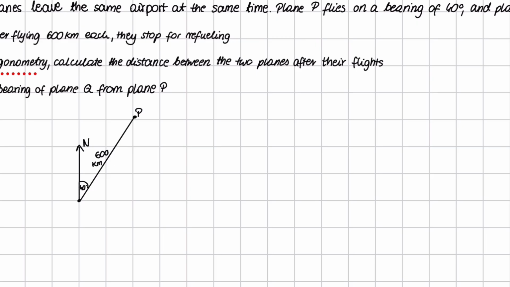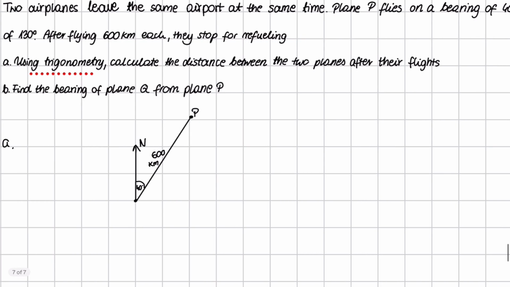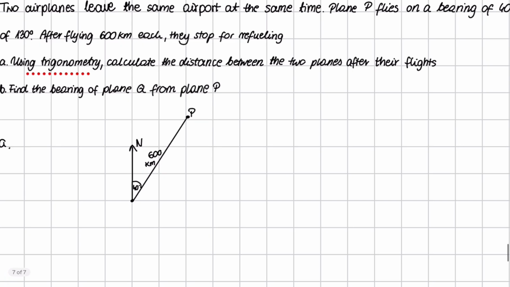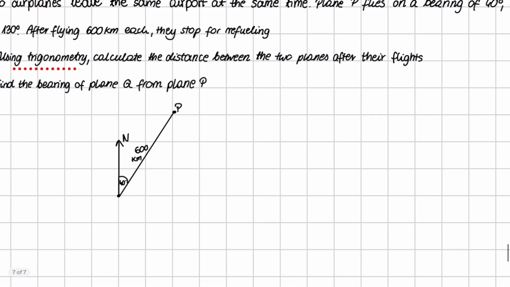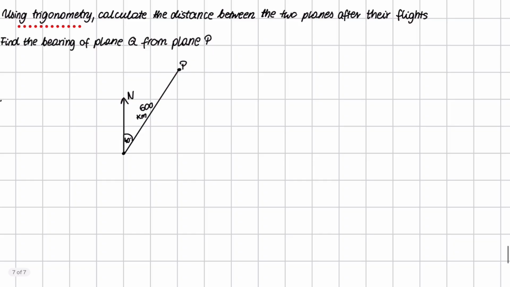And the second plane, plane Q, has a bearing of 130 degrees. So we know that here it will be 180, so 130 is more or less in here. So 130 degrees and also 600 kilometers.